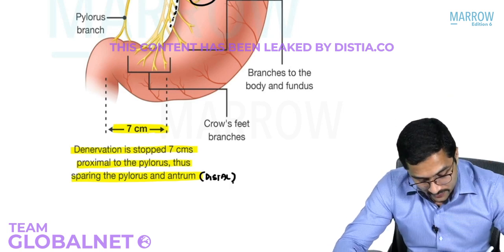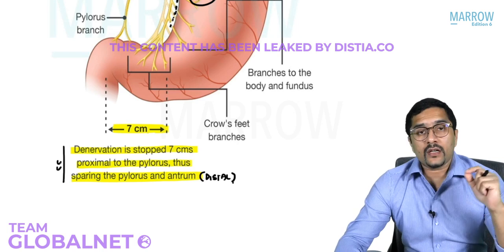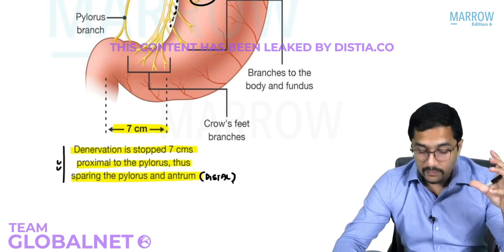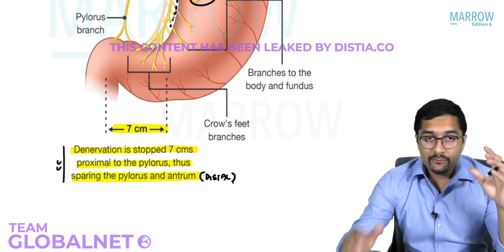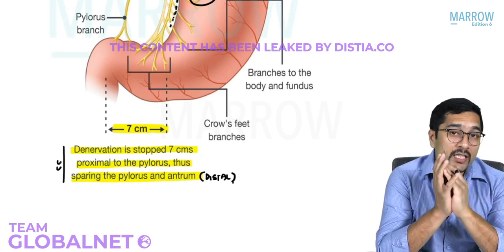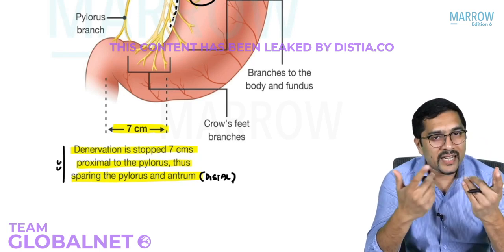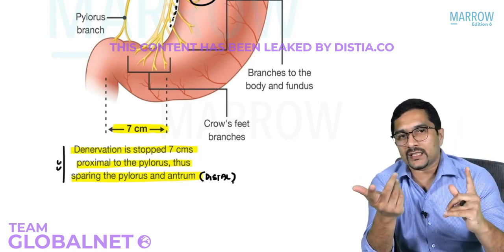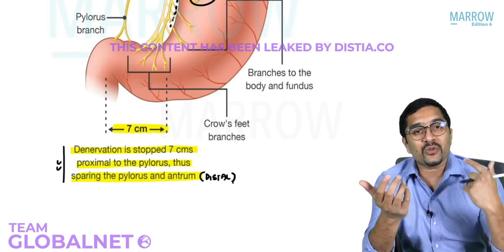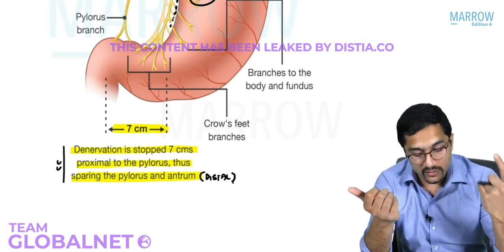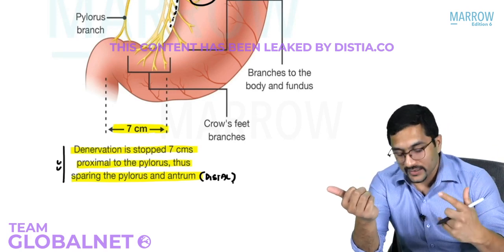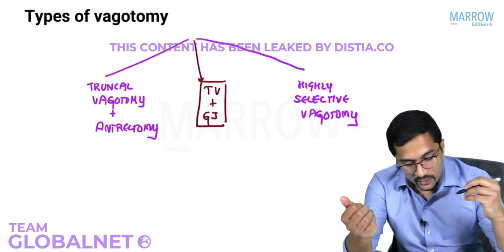So that is why we don't denervate the pylorus, otherwise there will be gastric stasis. And because this 7 centimeters is not denervated, sometimes which nerve gets missed out? Correct. The criminal nerve of Grassi gets missed out, and that can give rise to ulcer recurrence after highly selective vagotomy. Okay.